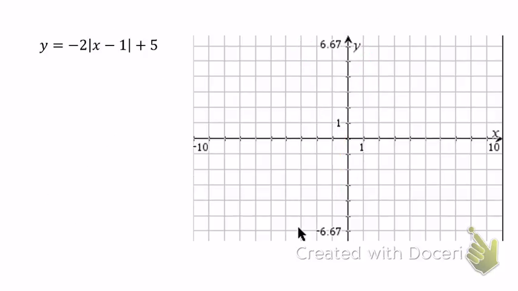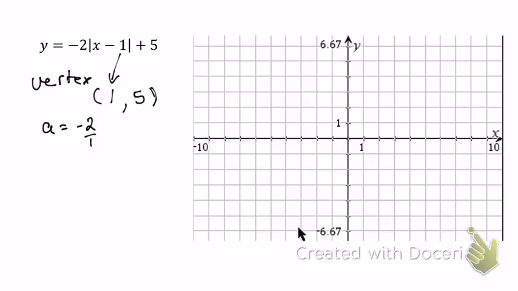Okay, so this is going to be the final graph on the video. So again, we're going to start by finding our vertex. Our vertex in this case would be at c, d, which we see has to switch signs, that would become positive 1, and we'd have positive 5. Our a value in this case is -2, or -2/1.